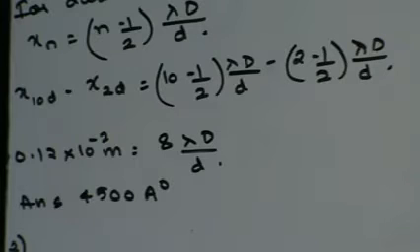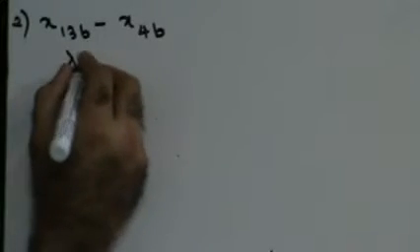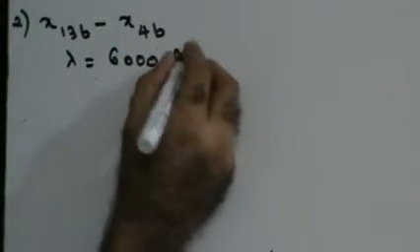In biprism experiment, the distance between the 4th and the 13th bright band is measured when light of 6,000 Angstrom unit is used.